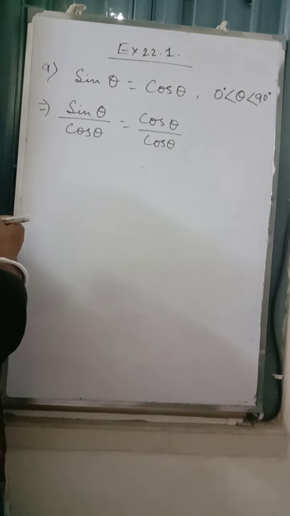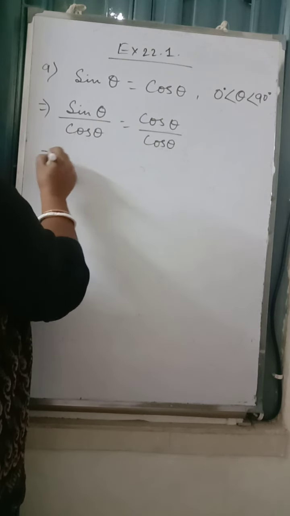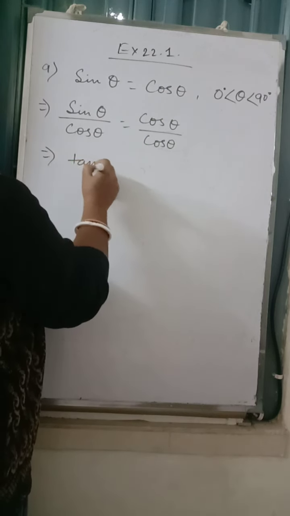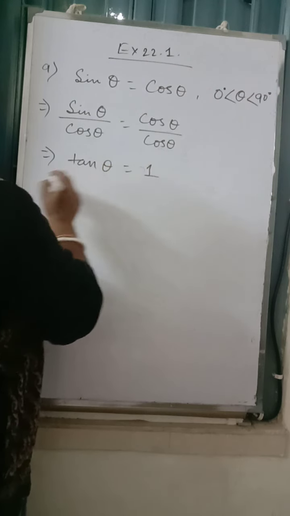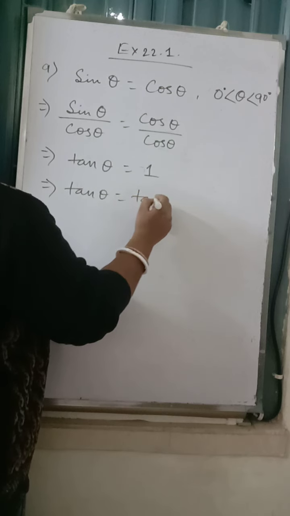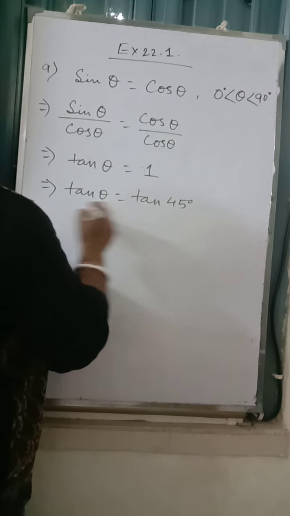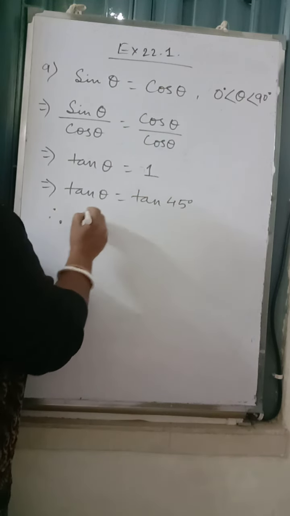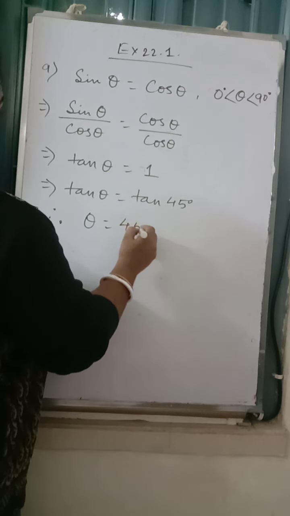On both sides I can divide by cos. It gives you tan theta is equal to 1, or tan theta is equal to tan 45 degree. 1 is the value of tan 45. So therefore theta is equal to 45 degree.